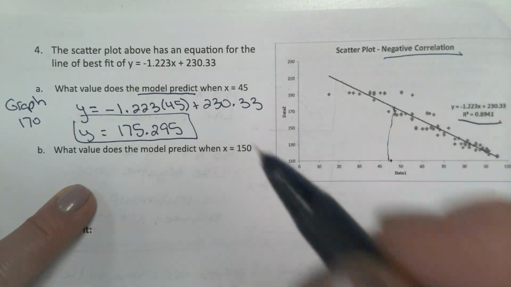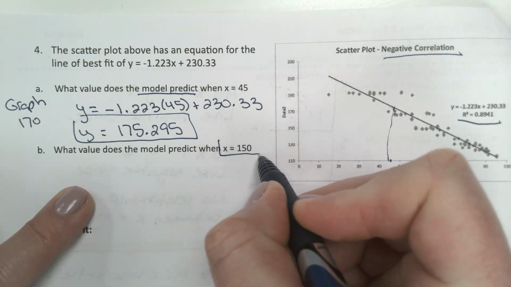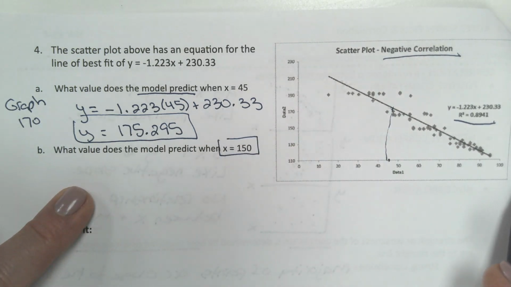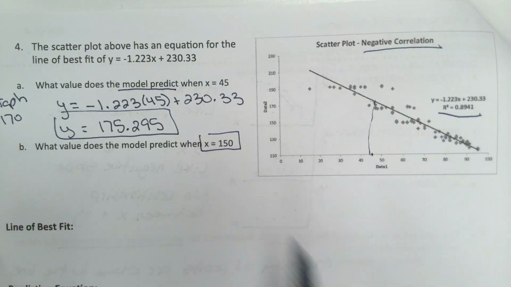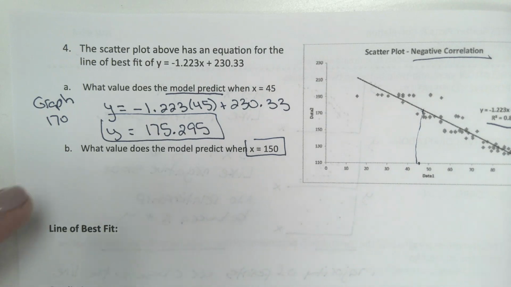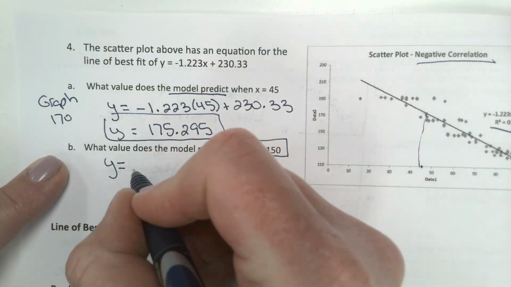However, it wants you to predict the value when x equals 150. So that is way off the chart. So we can't be 100% sure that this is going to give us an accurate answer, but we're going to follow the instructions.